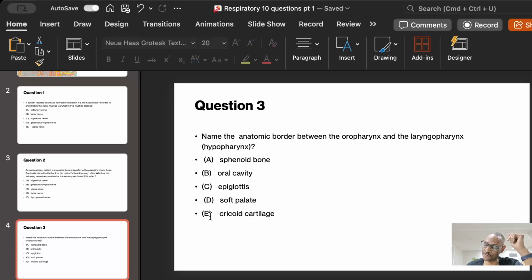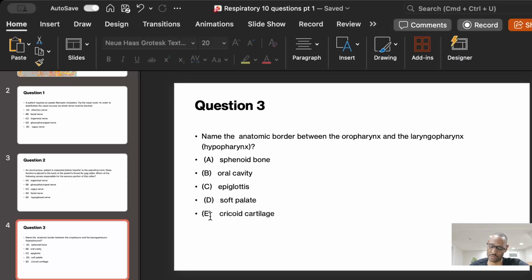In your notes, you're going to do the borders of the nasopharynx, and the borders between the oropharynx and the laryngopharynx. Which of these structures essentially divide them when you're looking at a mannequin or a patient.